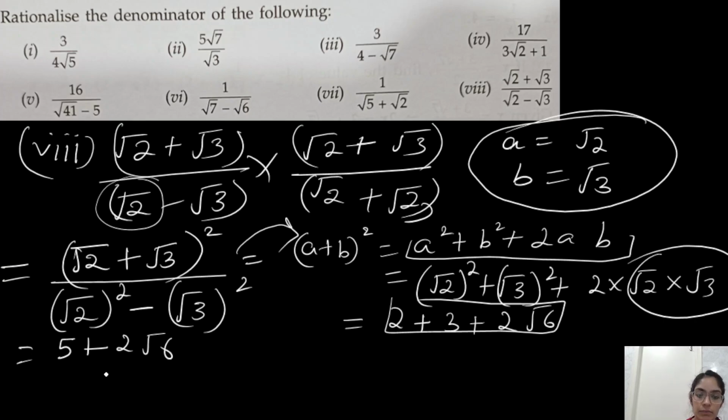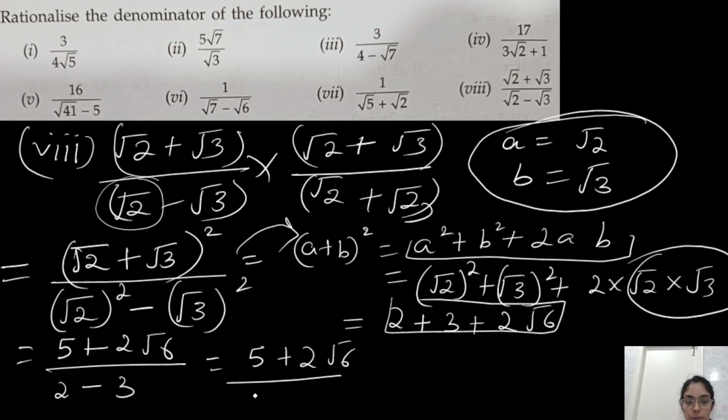What we have done is just apply the identity. The denominator is a square minus b square, which I can write as 2 minus 3. So 5 plus 2 root 6 over 2 minus 3, which is minus 1. This is the answer of this question, or you can shift the minus sign to the numerator.